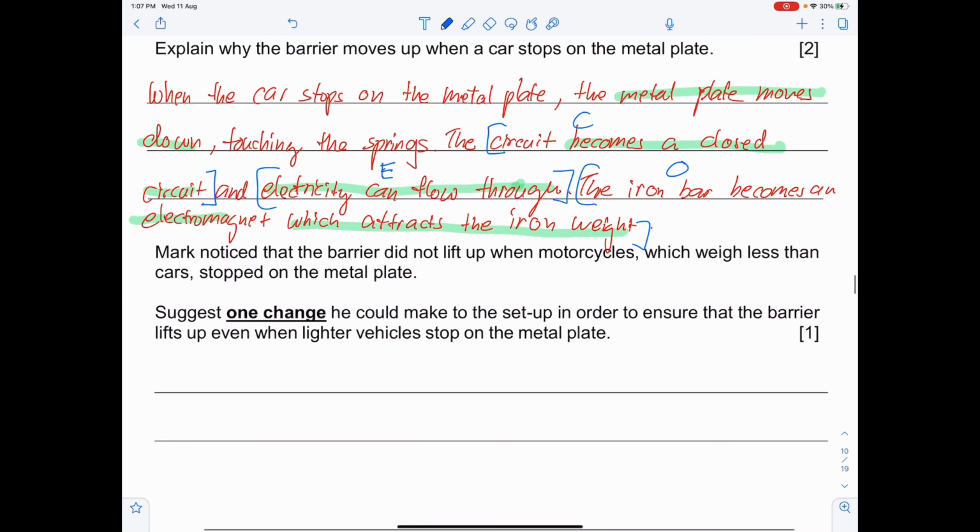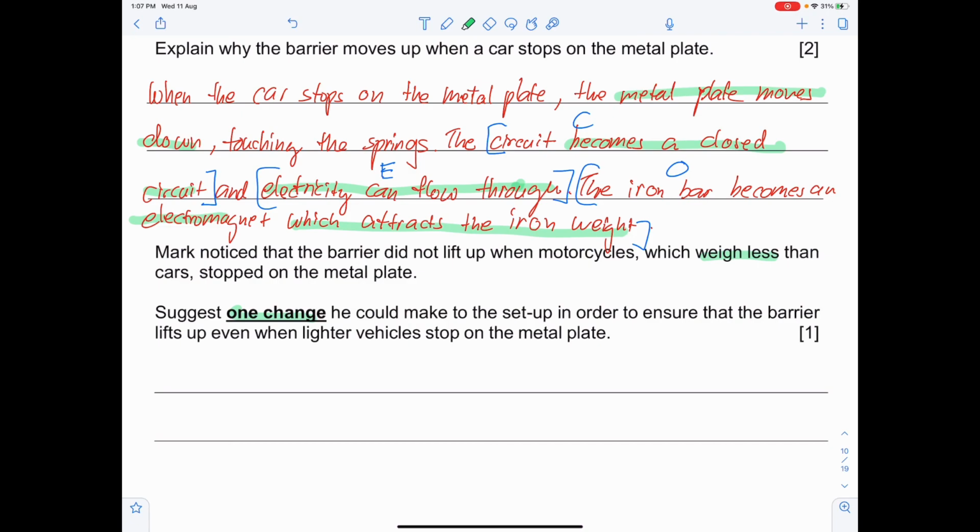Alright, next question. Mark noticed that the barrier did not lift up when motorcycles, which weigh less than cars, stop on the metal plate. Suggest one change that he could make to the setup in order to ensure that the barrier lifts up even when the lighter vehicle stops on the metal plate.